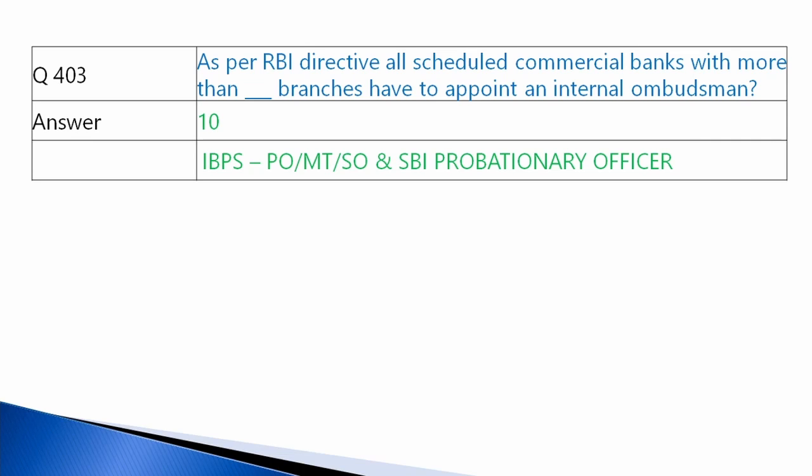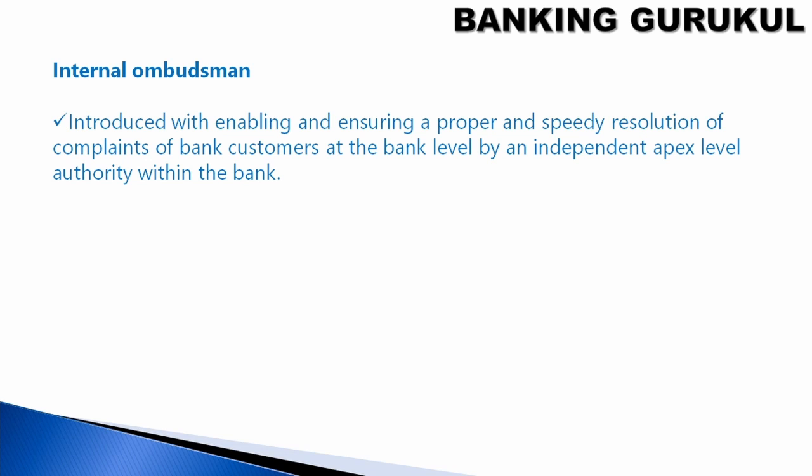Next question. As per the RBI directive, all scheduled commercial banks with more than dash branches must appoint an internal ombudsman. If you have more than 10 branches, every bank should appoint an internal ombudsman. The internal ombudsman was introduced for ensuring proper and speedy resolution of complaints of the bank customers. The complaints raised by the customer should get a proper reply and proper resolution within a stipulated time.